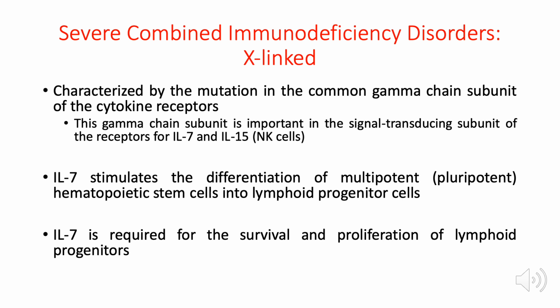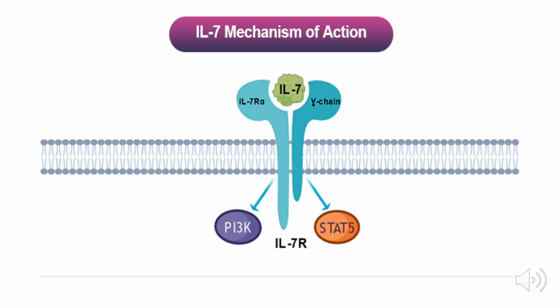And another important function of interleukin 7 is to enhance the differentiation of the common lymphoid progenitor to form the T cells and the B cells. Again, the interleukin 7 receptor has an alpha subunit and a gamma chain subunit, and this gamma chain subunit is absent in the X-linked severe combined immunodeficiency disorder.